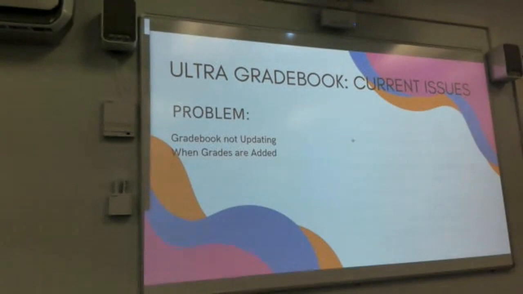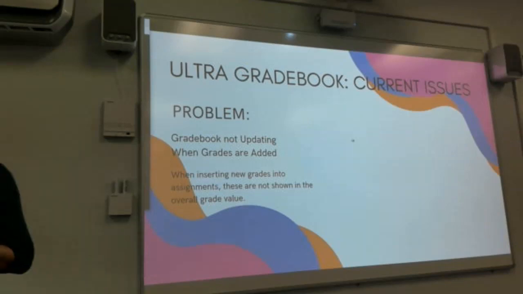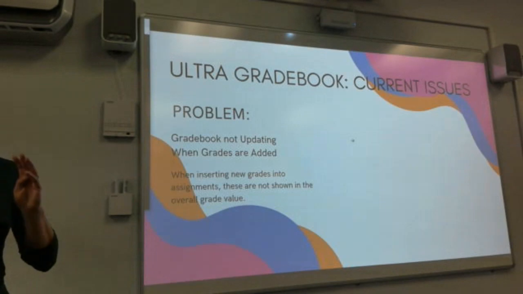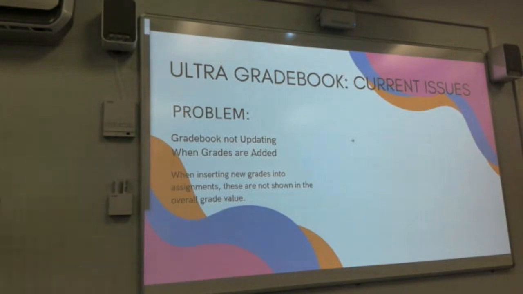All right, also another thing: grades not updating. Usually it's if you manually add grades. It kind of has a delay, and I did see it in some courses more than others.